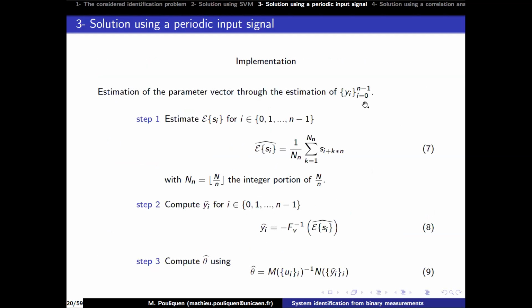This is the principle and the implementation, the 3 steps. The first, the empirical estimation of the expected value of S. Then in the second step, we estimate the real output. And finally, we obtain the parameter vector. Not difficult to implement.